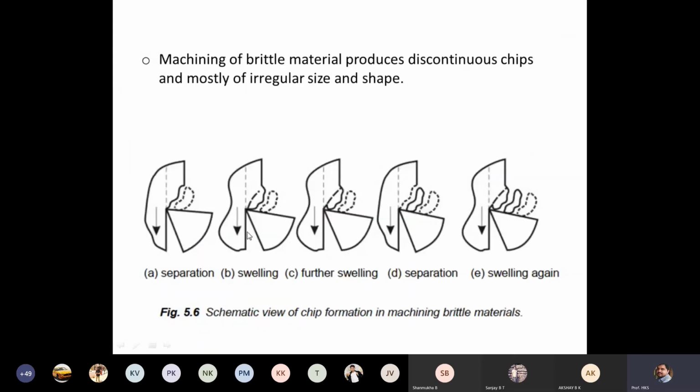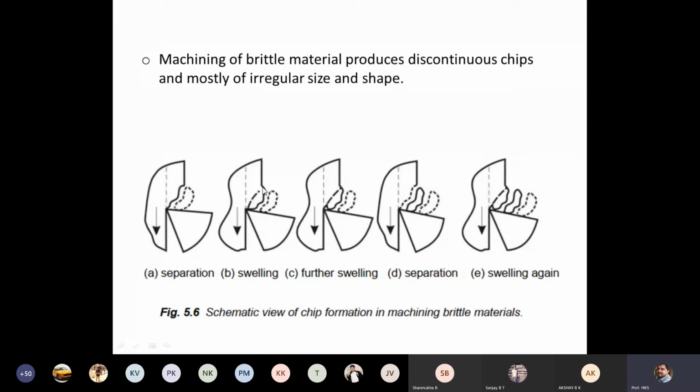Here you can see how chips are formed in case of brittle materials. Machining of brittle material produces discontinuous chips, that means broken chips, mostly of irregular size and shape. Initially there will be a crack, and that crack proceeds and results in complete separation. This is a broken chip. When the crack proceeds, that stage we call swelling.